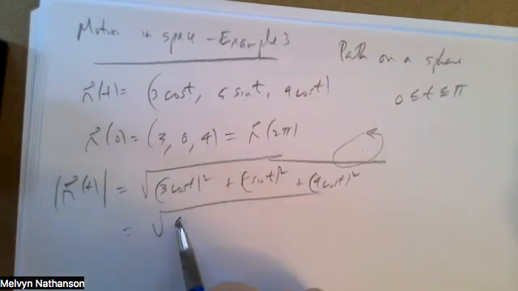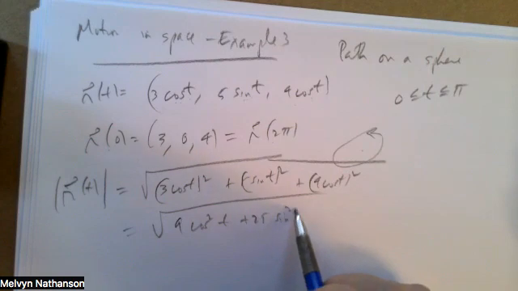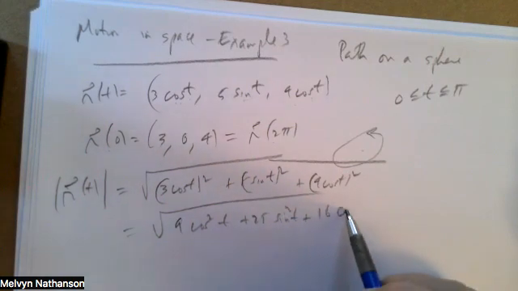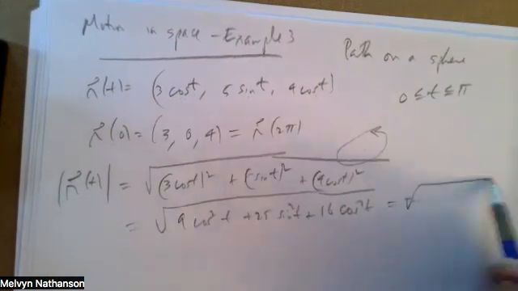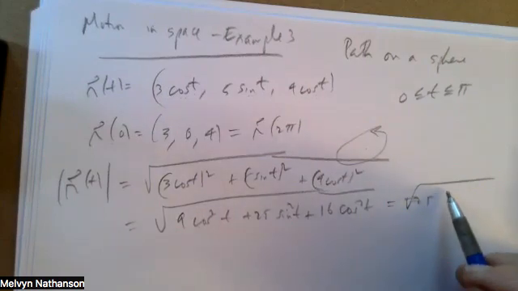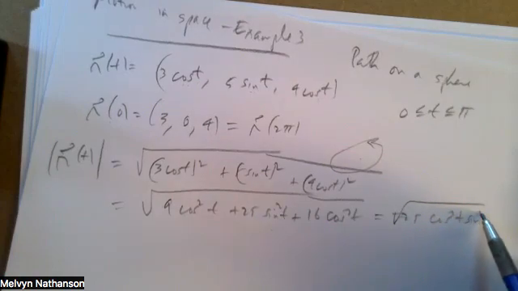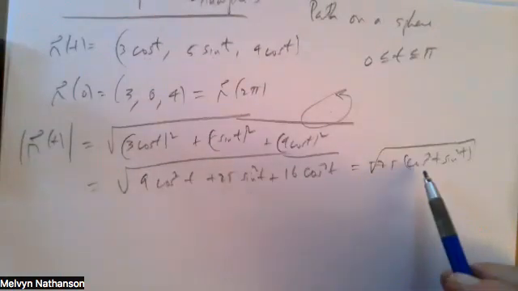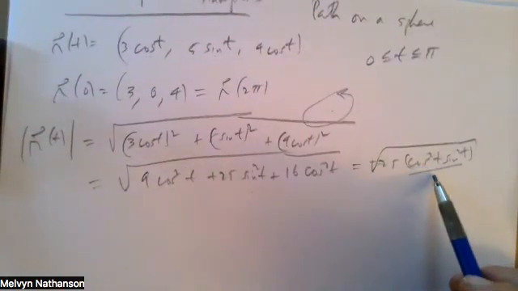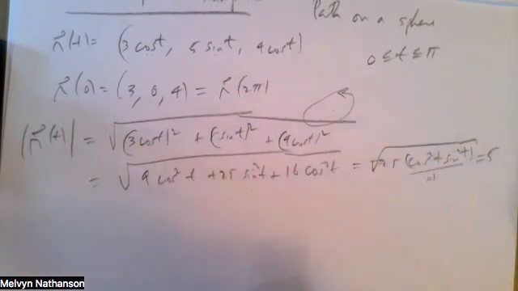That's the square root of 9 cosine squared t plus 25 sine squared t plus 16 cosine squared t. 9 plus 16 is 25. This is the square root of 25 cosine squared t plus 25 sine squared t. And factor out the 25. Cosine squared plus sine squared is 1. This is the square root of 25, which is 5.